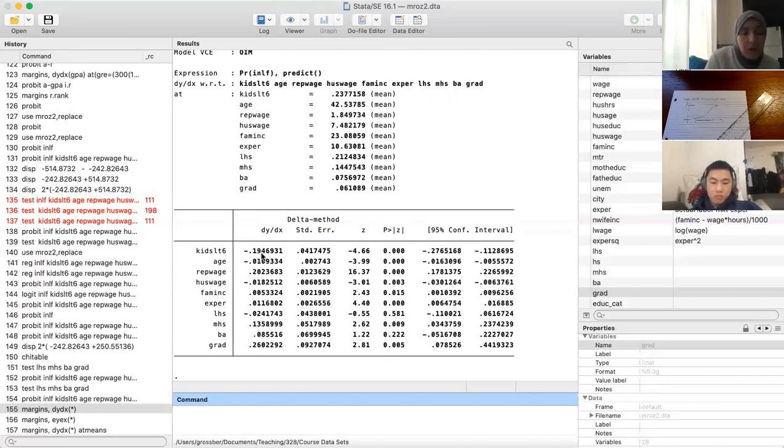So the difference in the interpretation is just adding at the end, interpreting this coefficient when evaluated at its mean, so with all the independent variables at their means.